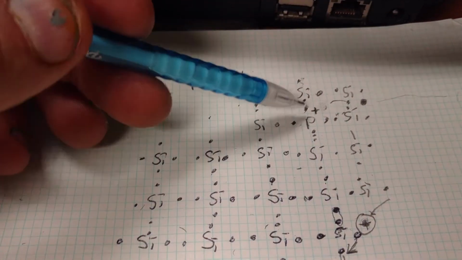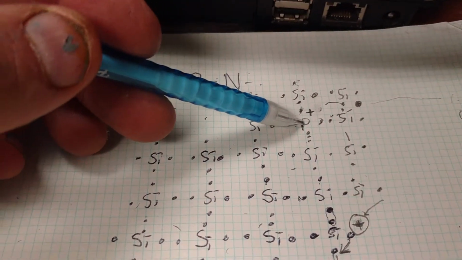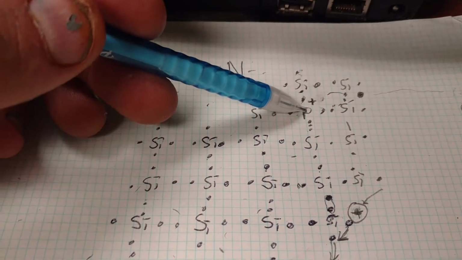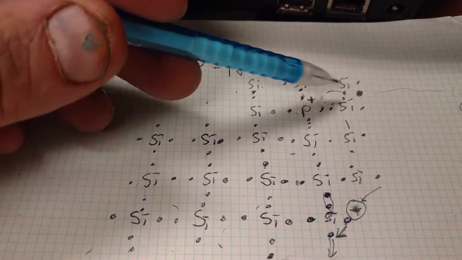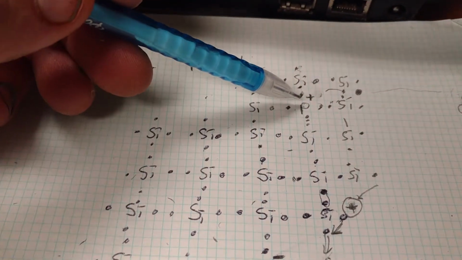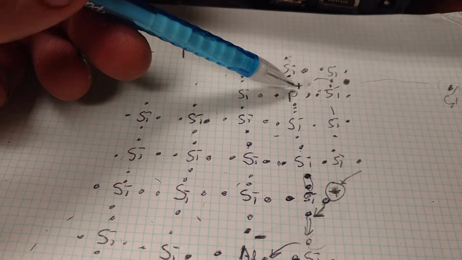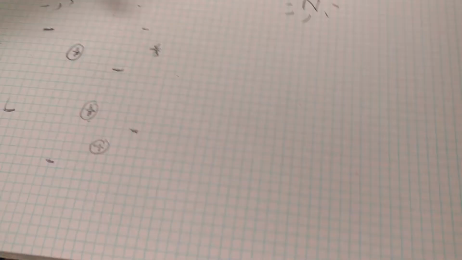Where's my phosphorus? Here we go. And what do we see? The stationary plus charge, because one of the protons is no longer canceled out by electrons, because that electron is now hopping around like a dog off a leash. Its leash broke, tasting the fine food at the neighbor's house.